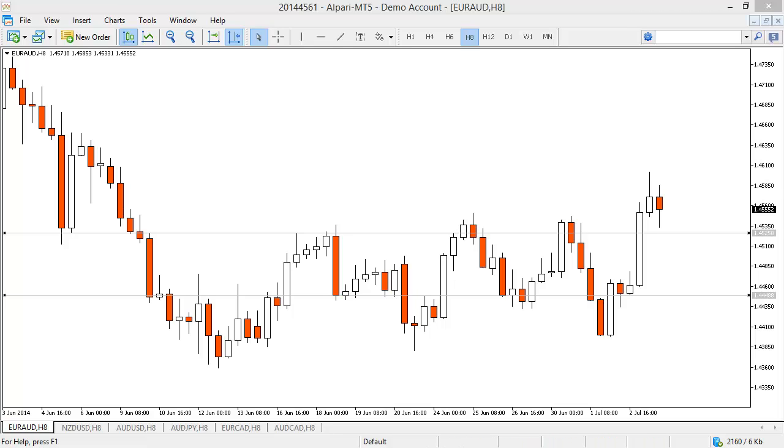Okay, next one, sorry guys, I'm having a bit of trouble with my drawing tools. Okay, next one seems to be roughly, we got a pretty big bounce here, but the thing with this bounce is it's probably actually news related. So I'm not too sure.